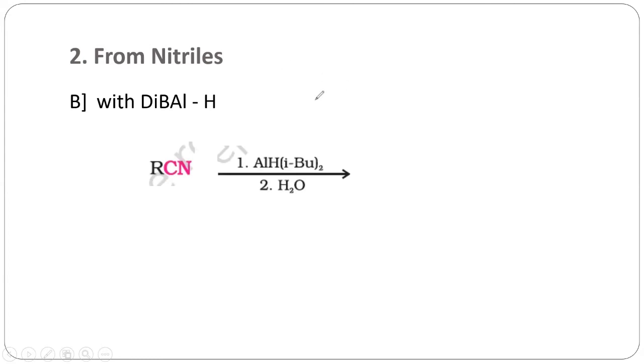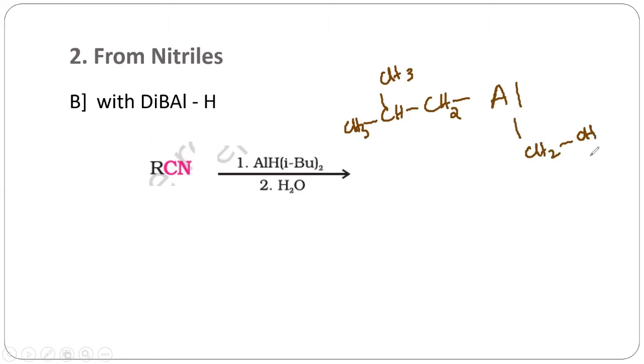So what is DiBALH? Diisobutyl aluminium hydride. Aluminium is the central metal ion. Isobutyl, so what is isobutyl? This group, CH2, CH, CH3, CH3. Like this, one more. We know the valency of aluminium is 3.